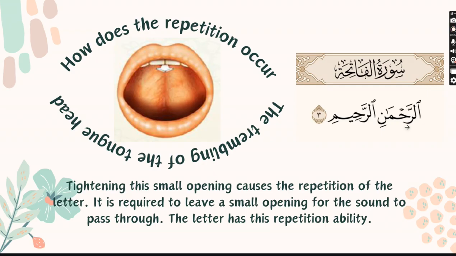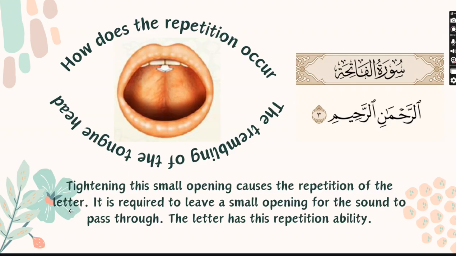Now, for example, here I should say ar-Ra, but if I close this opening, it's going to sound like this: ar, ar-Rahman, ar-Rahim. This is a common mistake, by the way. So tightening this small opening, if I made it a very, very smaller opening, this will cause repetition of the letter.